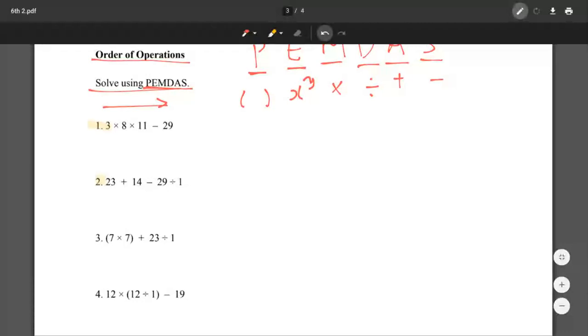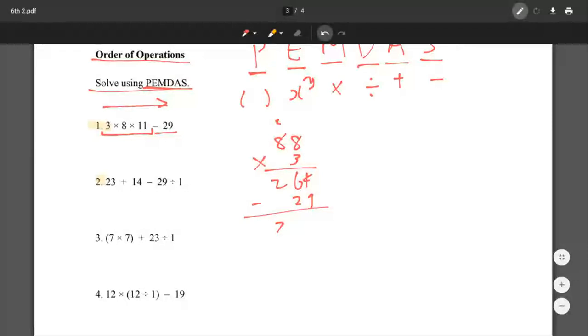And so we first have to do 3 times 8 times 11. Okay? And so 8 times 3 equals 24. It equals 264. Okay? And then we're going to subtract 29.